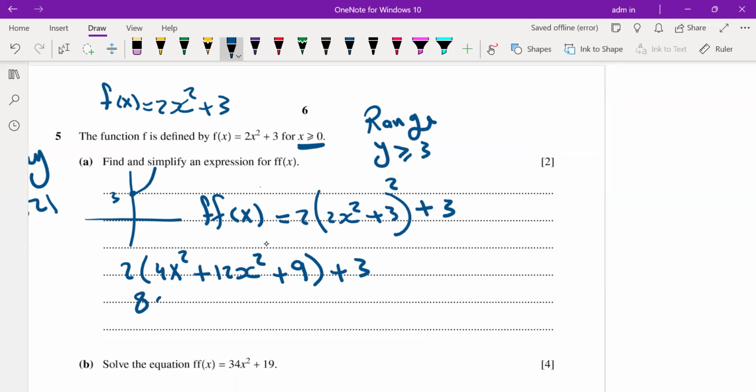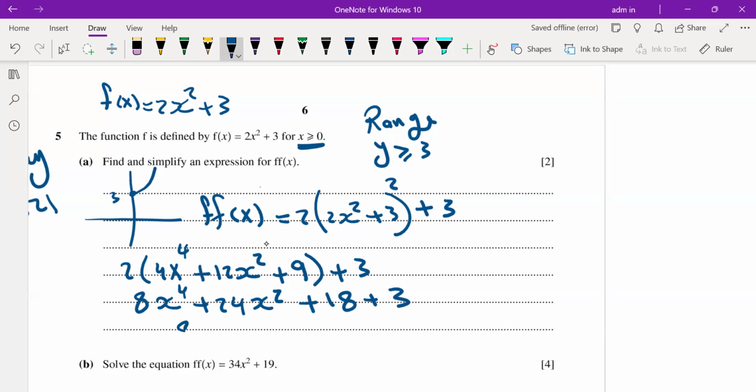Simplify more, which is 8x squared, plus 2 times 12, which is 24x squared, plus 2 times 9, which is 18, plus 3. So the final answer, I'm sorry, I forgot to square this part, will be to the power 4.